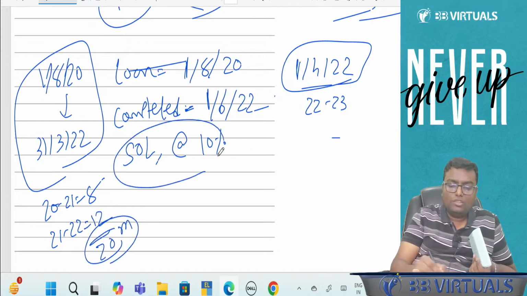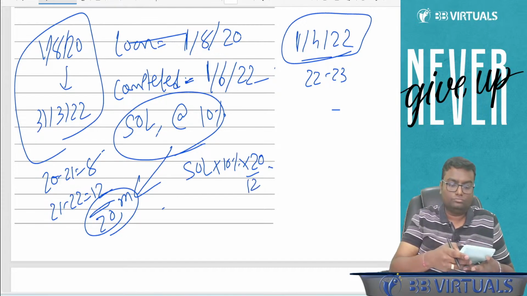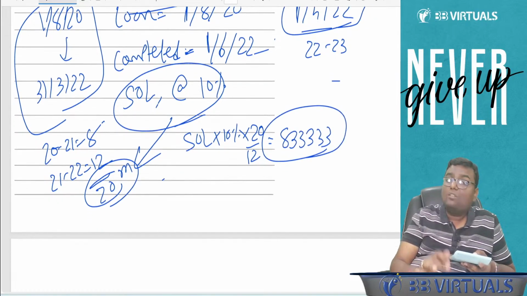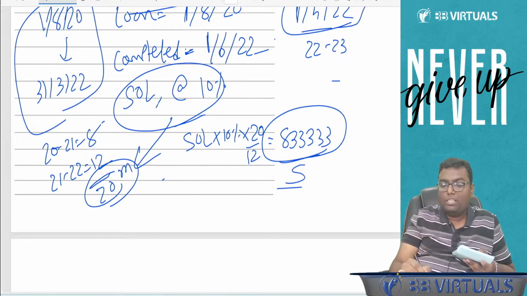Tell me then what will be the total interest of these 20 months? 50 lakh into 10% into 20 divided by 12. Can I say it will be 8 lakh 33,333? And how will this be allowed as a deduction? Over a tenure of 5 years. So per year, how much will be allowed as a deduction?